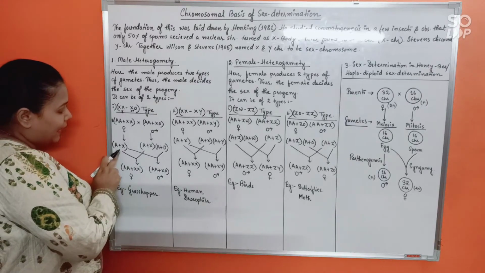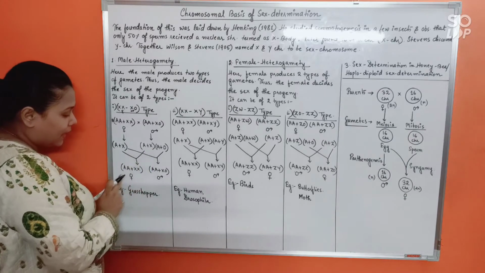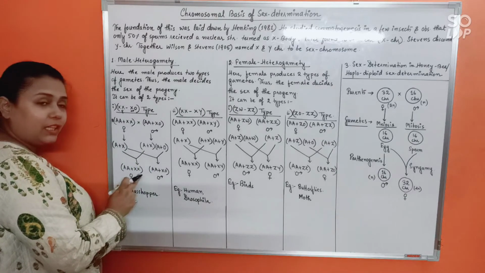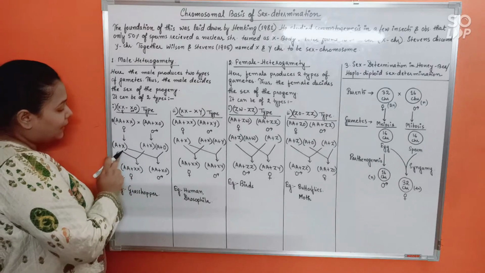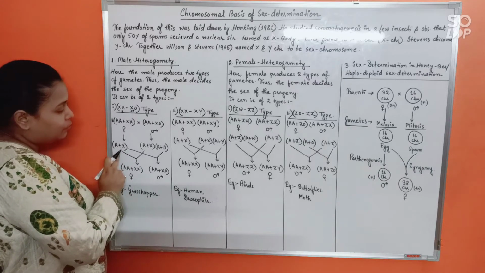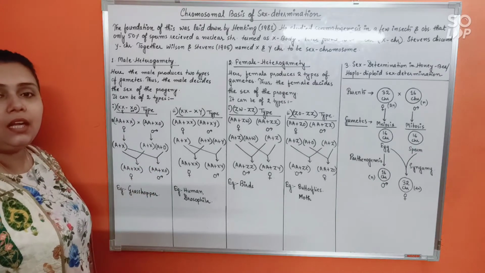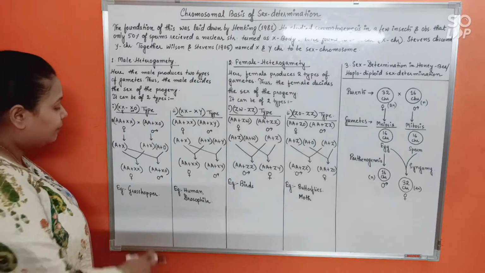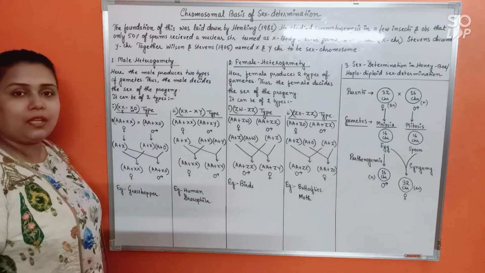If A plus X fuses with another A plus X, the progeny produced will be a female, a girl. And if A plus X fuses with A plus O, the progeny will be a male. Is that clear? AA plus XX is the female, AA plus XO is the male.